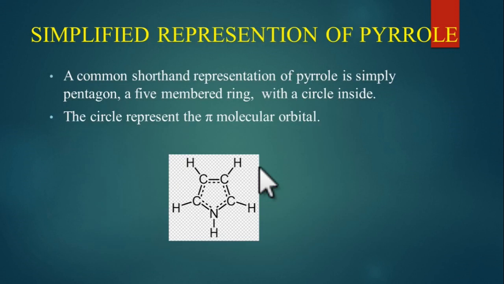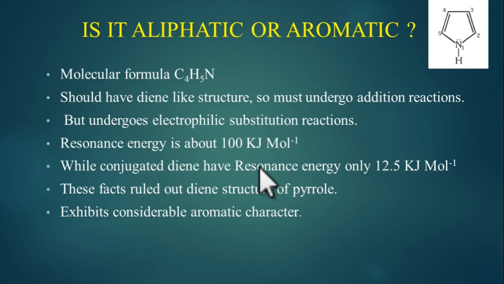So the common shortened representation of pyrrole is simply a pentagon, a 5-membered ring, with a circle inside. The circle represents the pi molecular orbital. You know that it means delocalization of electrons. As you can see from the structure of pyrrole, we have 2 double bonds. It resembles a diene, right?